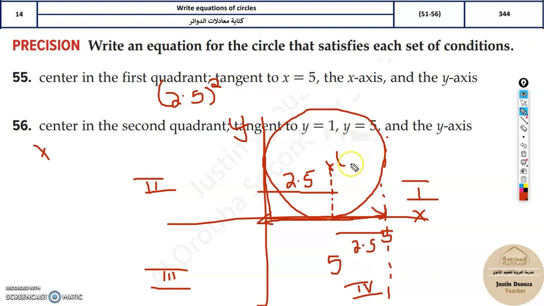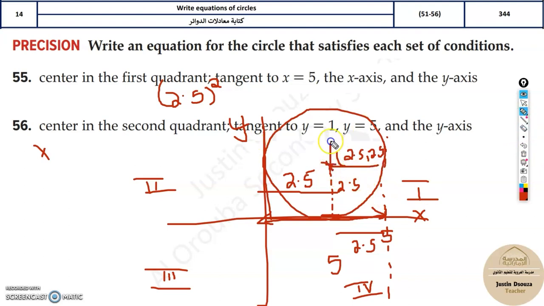Now, what about the other thing? We know this is 5 and the radius is 2.5. From here to here, what is the distance? That is also the radius, 2.5. So the x value is 2.5 and the y value is also 2.5. Why? Because the radius is equal everywhere.